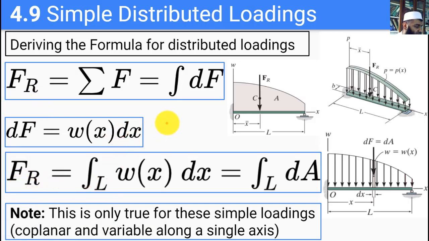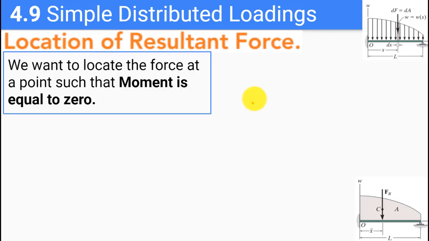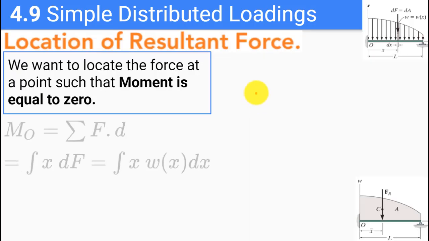Okay, so the second thing that we want to determine is the position of this force Fr, where we should apply this force, so that we do not need a resultant couple moment for the equivalent system. So again we use the same form.